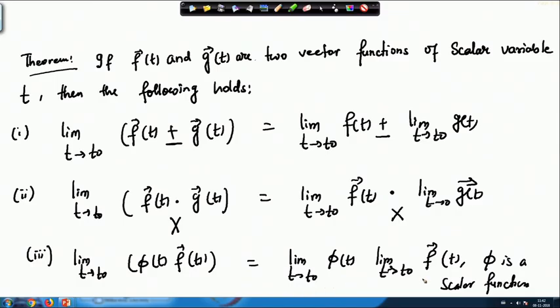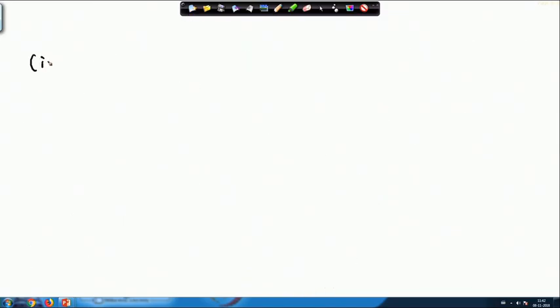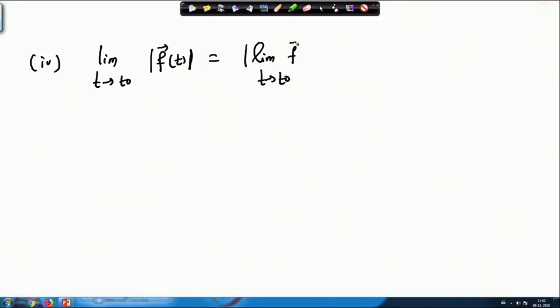And the fourth result is that the limit of the mod is equal to the mod of the limit. So, the limit of the absolute value is equal to the absolute value of the limit.